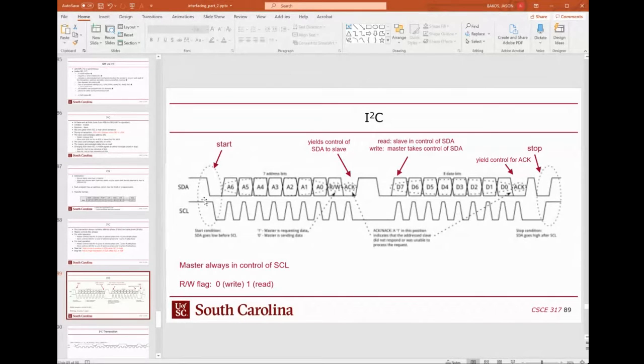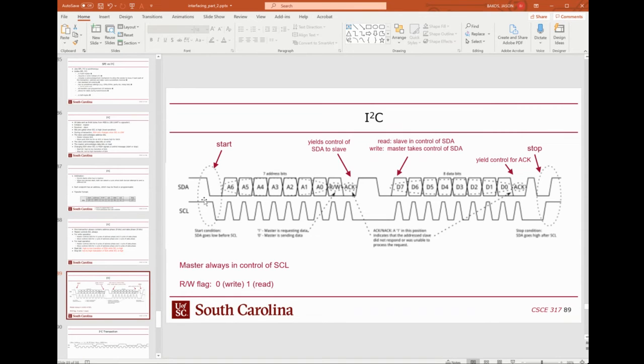And when I say pull it down, I mean, set it to 0. That's step 1, right? And then step 2 is you pull the clock down. So why so complicated? Well, this is all designed to be able to detect collisions on the bus, essentially. So the start condition is pull down the data, SDA, then pull down the SCL.